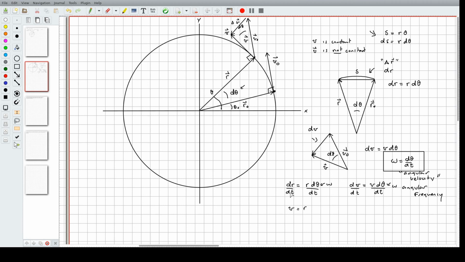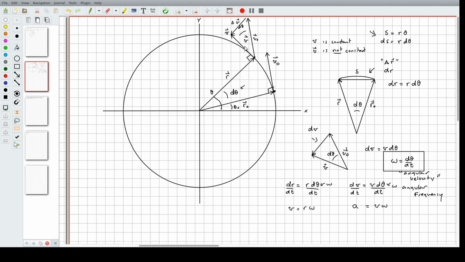So dr dt, which is your speed, is equal to r times omega. And dv dt, which is acceleration, is equal to v times omega. Now, let's talk about the direction of your acceleration.